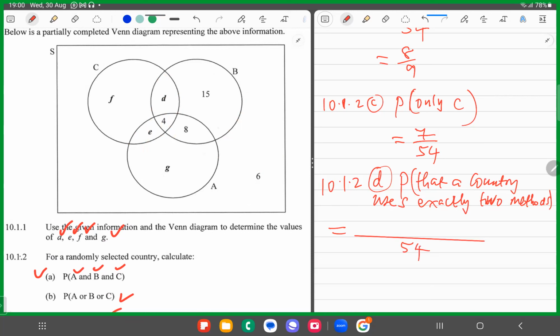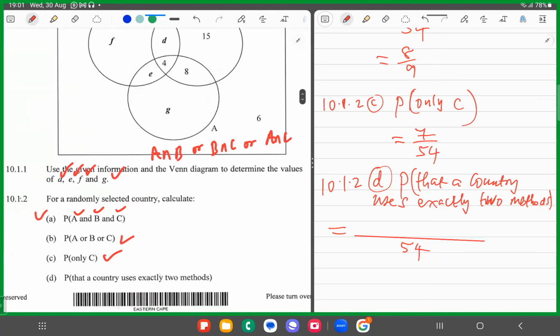So in other words, a country uses A and B, or uses B and C, or A and C, something of this sort. So it uses two.